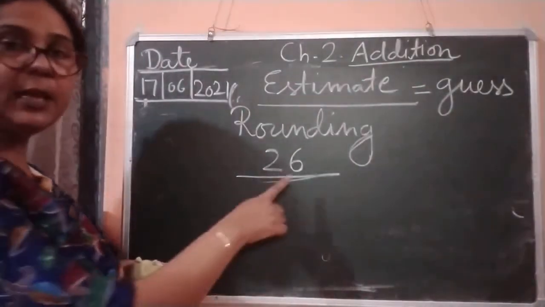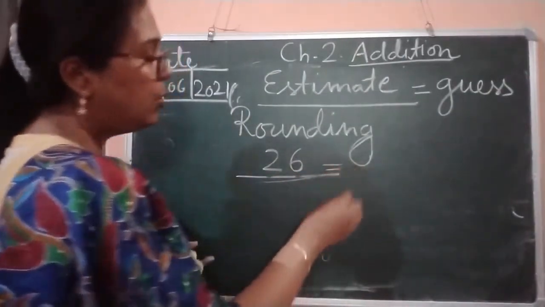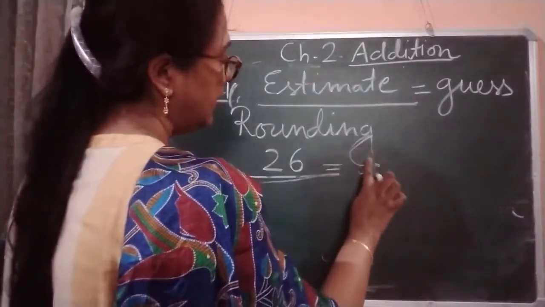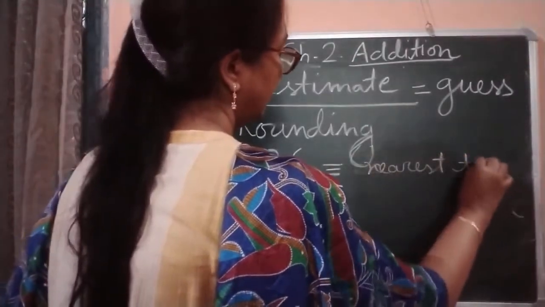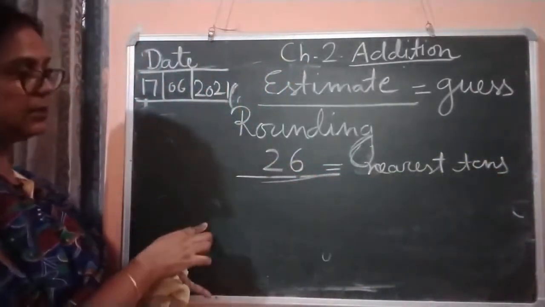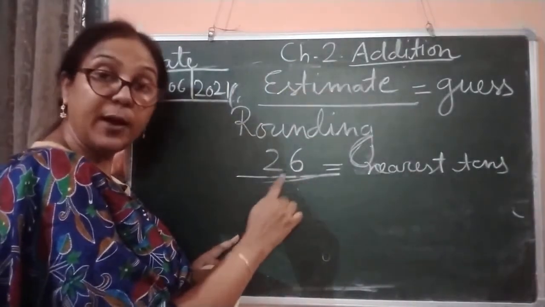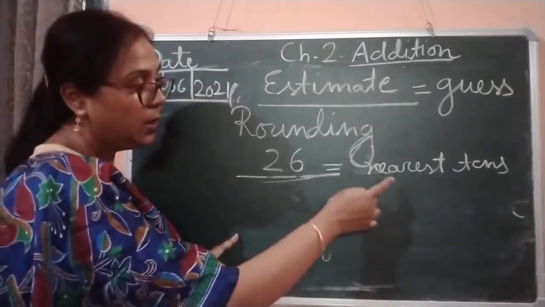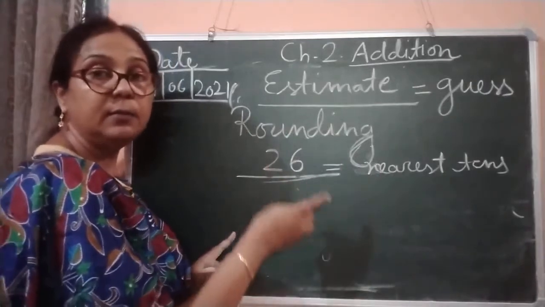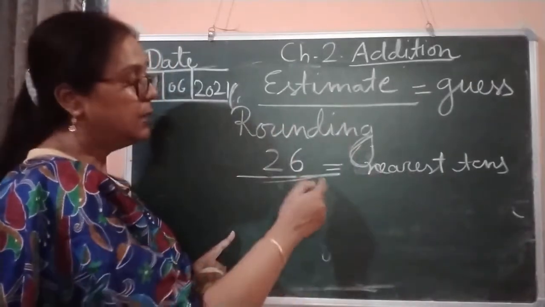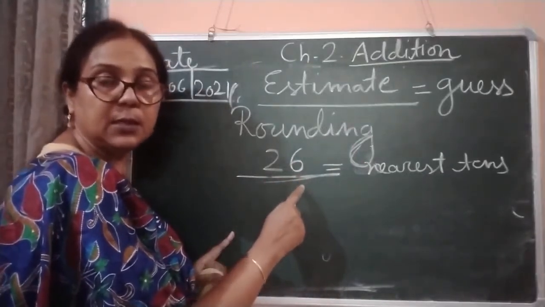We will see the ones place first, because we are going to write the accurate rounding of this number. That is why we have to see the ones place first, then we will do it.